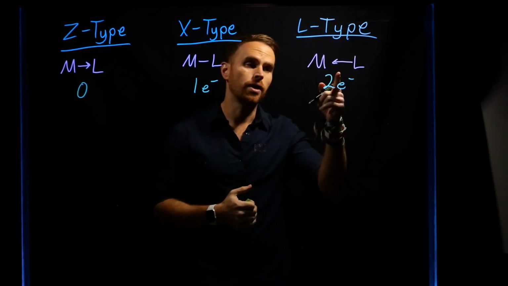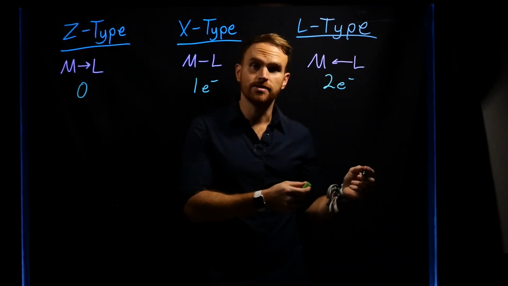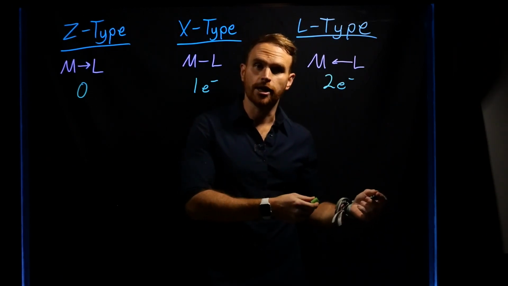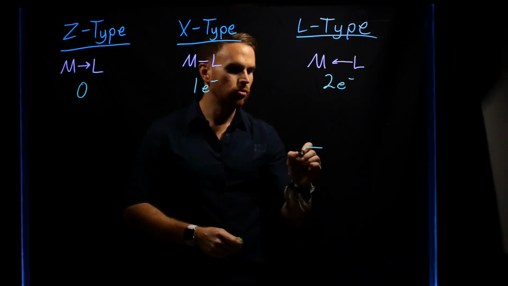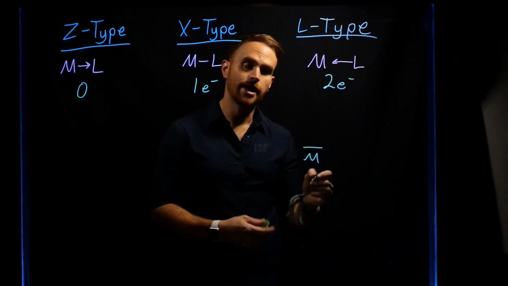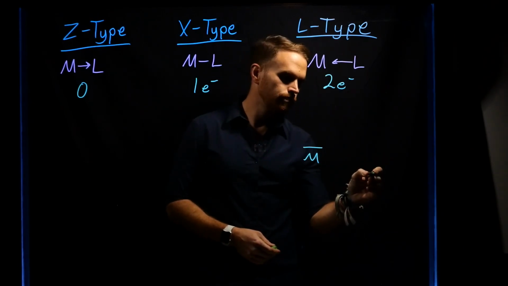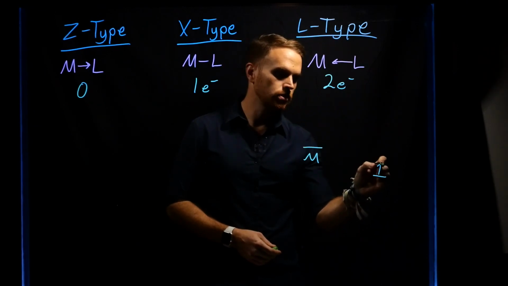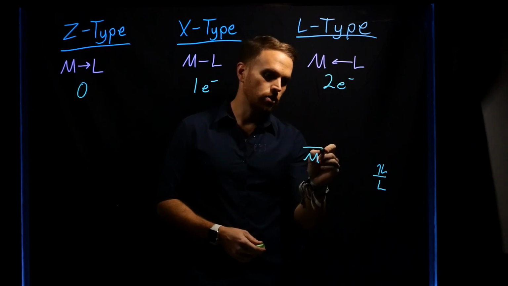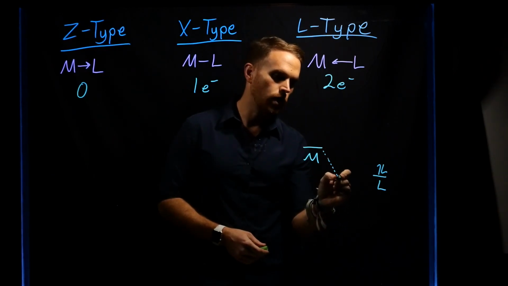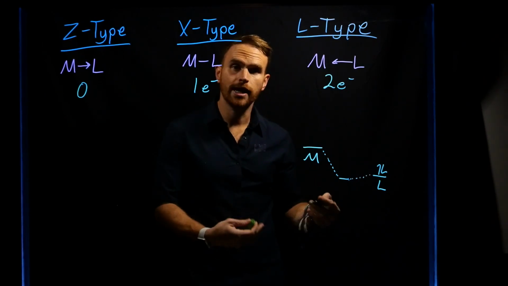Consider, for example, an L-type ligand, where the ligand is acting as a Lewis base or a 2 electron donor. You have an orbital from the metal that is empty, and a ligand orbital which is filled with 2 electrons. These electrons are donated in a way to create what's called a dative or coordinative bond.